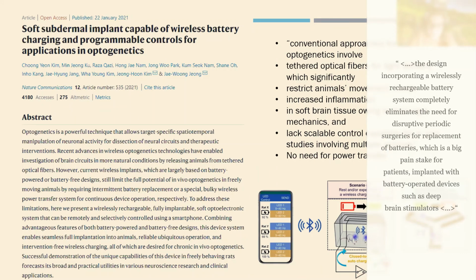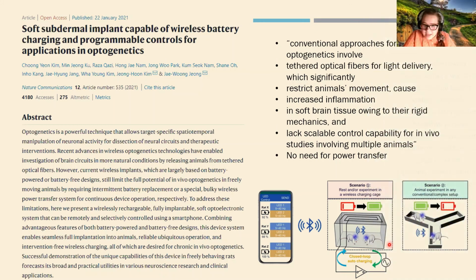Their device is such that there is no need for power transfer. For example, these mice are in this cage and you just press a button and the battery is being charged, and there is no need for an LED lamp because the LED is also in the mouse's brain.